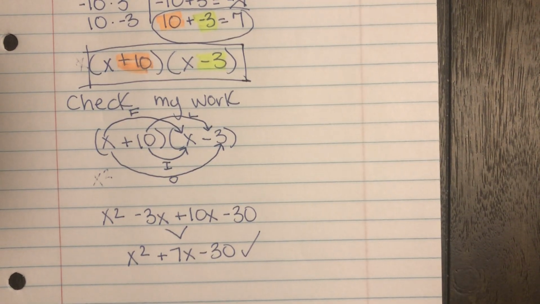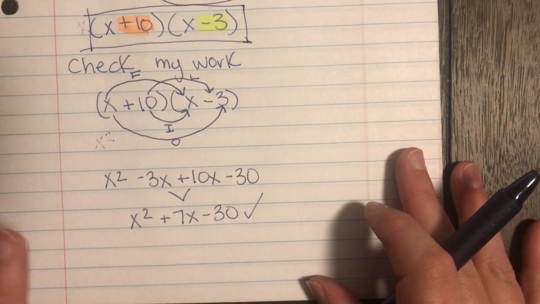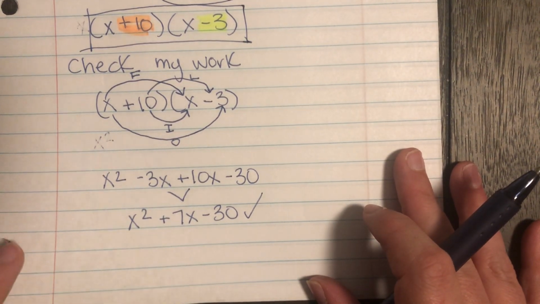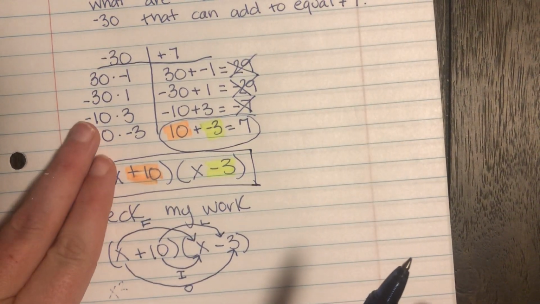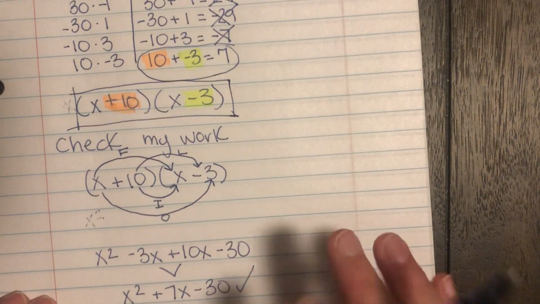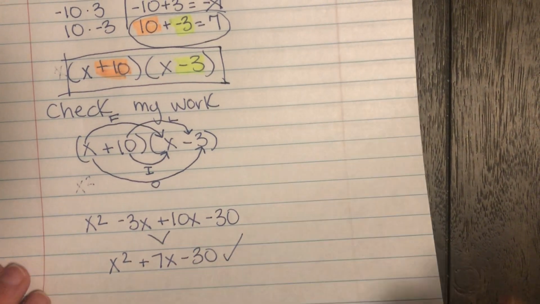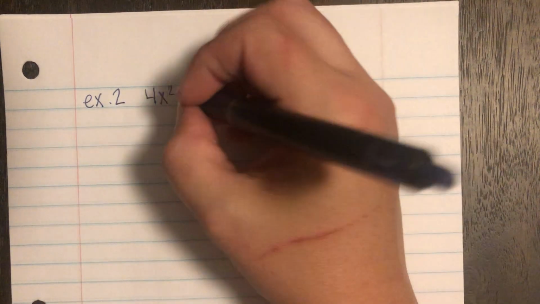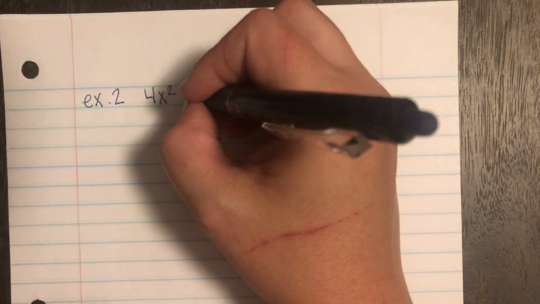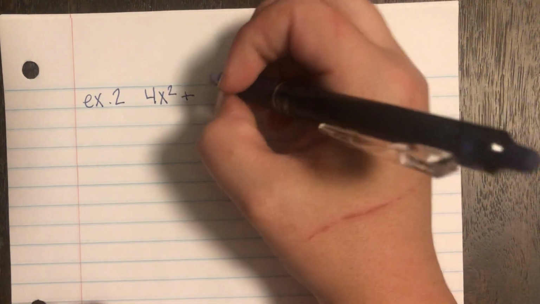All right, so now we're going to do it with a little less writing on it. I'm probably going to move a little bit faster. Since some of us know our multiples, we don't have to go through this whole entire process of everything. If you can find the multiples faster, that's great. So we're going to do one with the GCF. I'm going to start off with a GCF of 4. Let's do some positives in here.